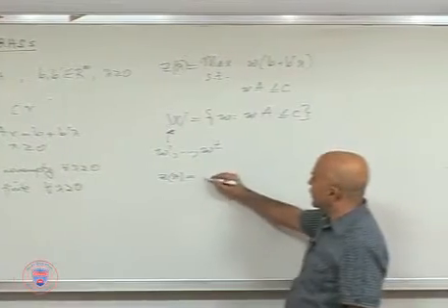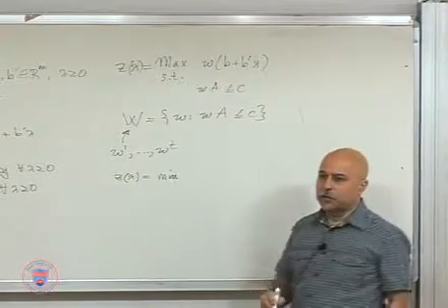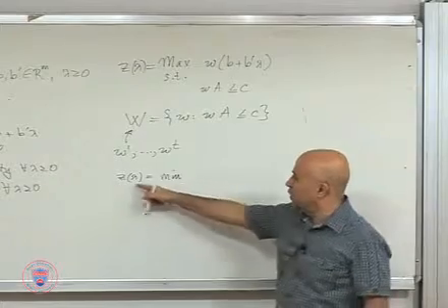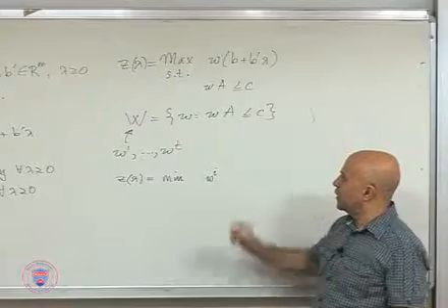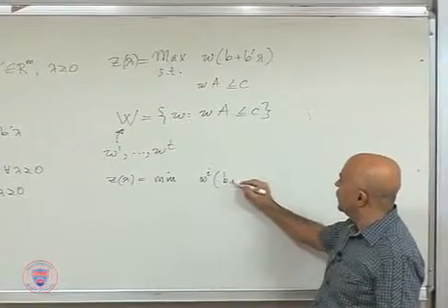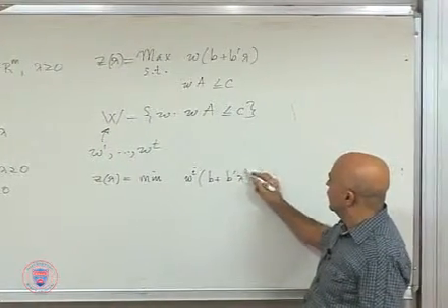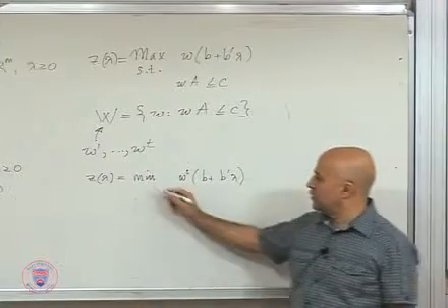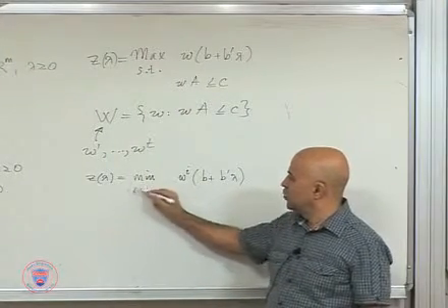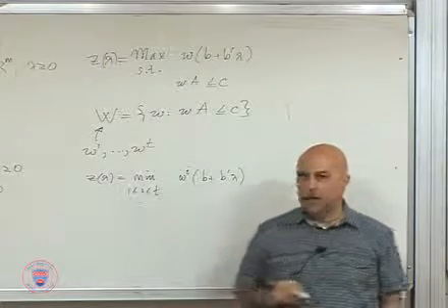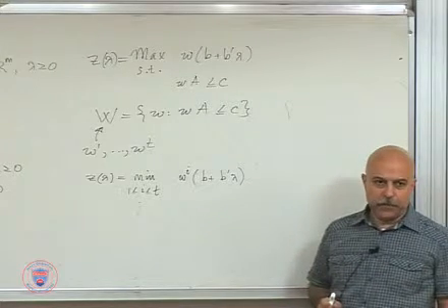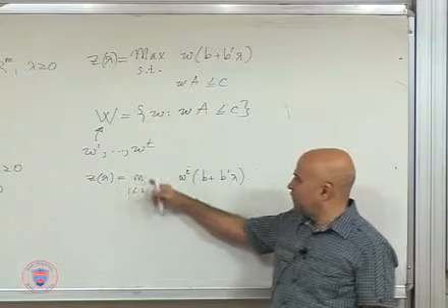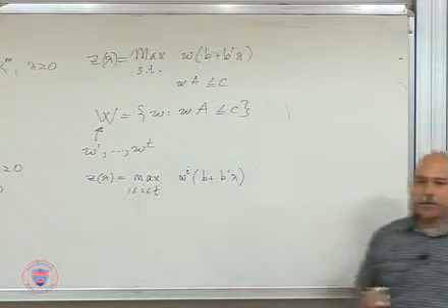So z of lambda is the maximum of the extreme point values here for fixed lambda: w_i, the ith extreme point, evaluated by the objective function, and you just enumerate over the extreme points and extract the optimal value for fixed lambda.